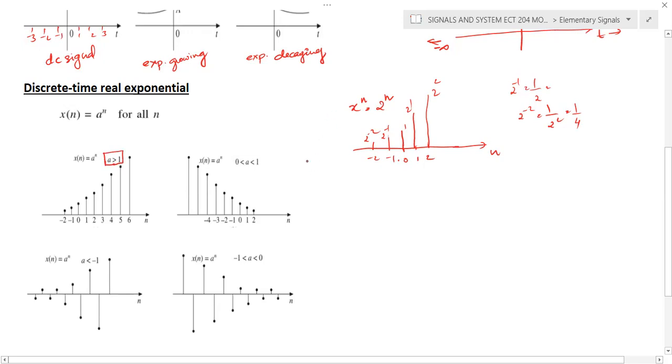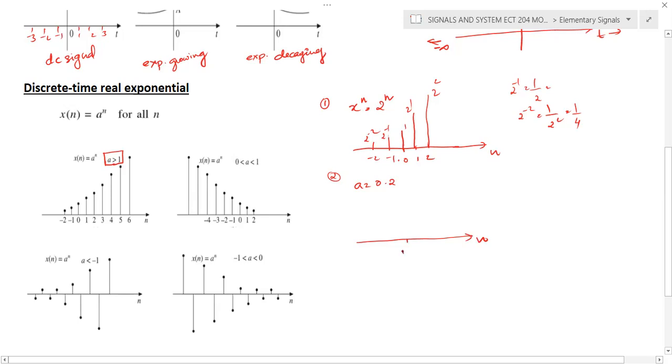Now we'll take the second case, when a is between 0 and 1. Let it be 0.2. Assume that a is equal to 0.2, and we can look at the behavior of the graph.